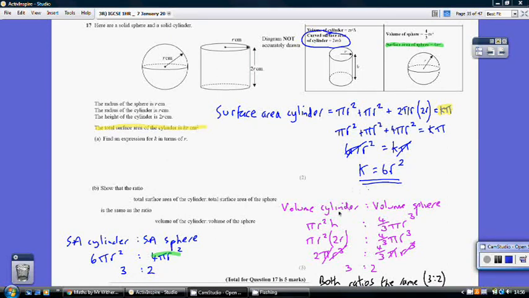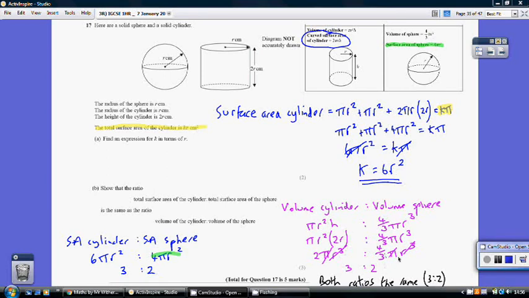Now moving on to the volume ratio. The volume of a cylinder is pi r squared h, but our h is 2r, so that's pi r squared times 2r, which is 2 pi r cubed. Now the volume of a sphere is 4 over 3 pi r cubed.